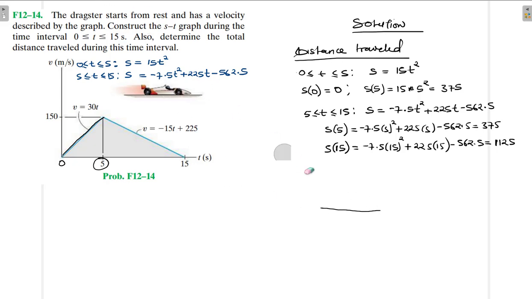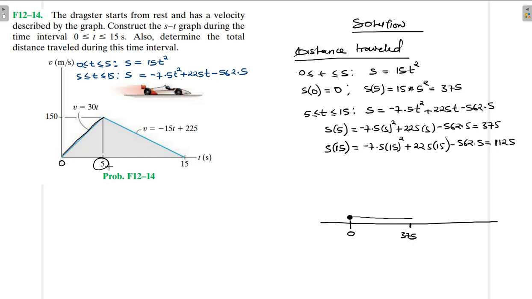on the number line to see how this dragster moves. So from 0, when time is equal to 0, s is 0, it will move here. And then when t is equal to 5, the particle will move up to there, which is 375.